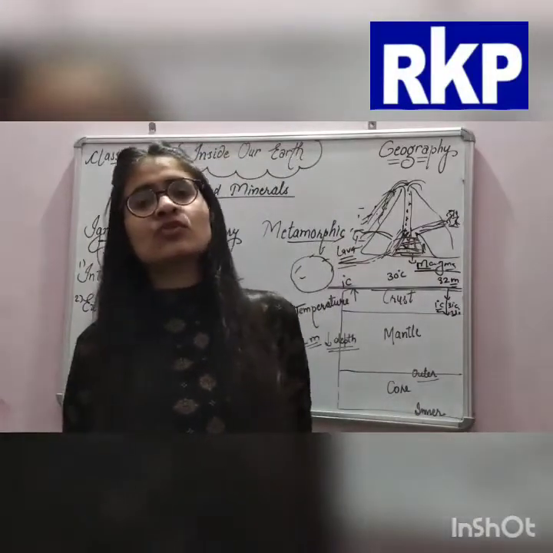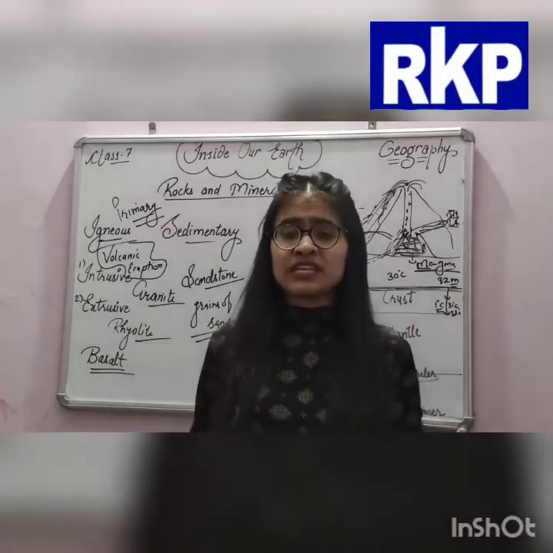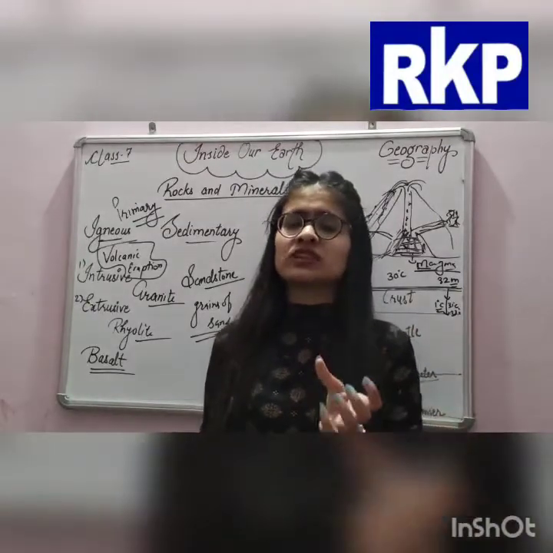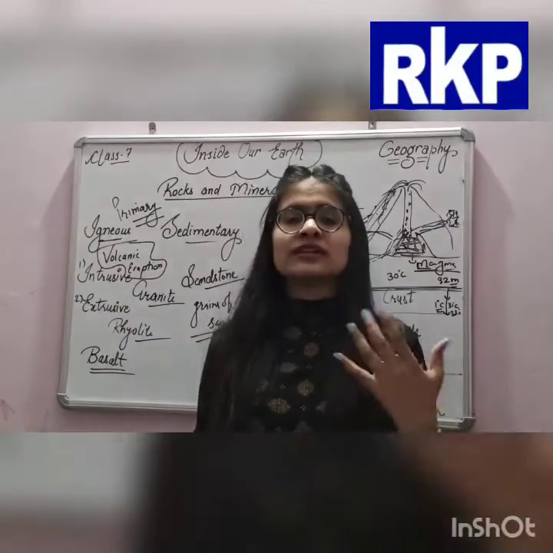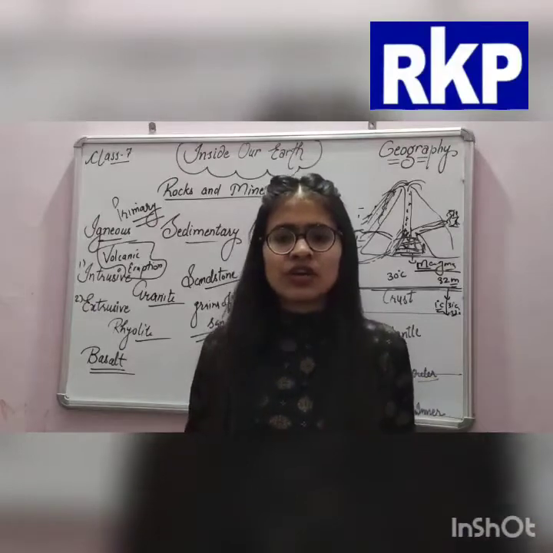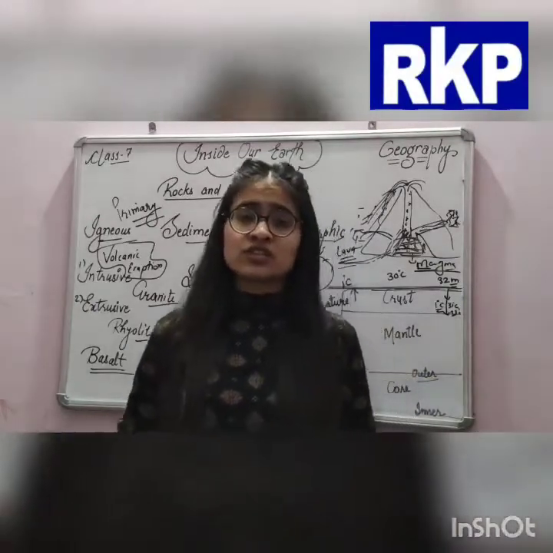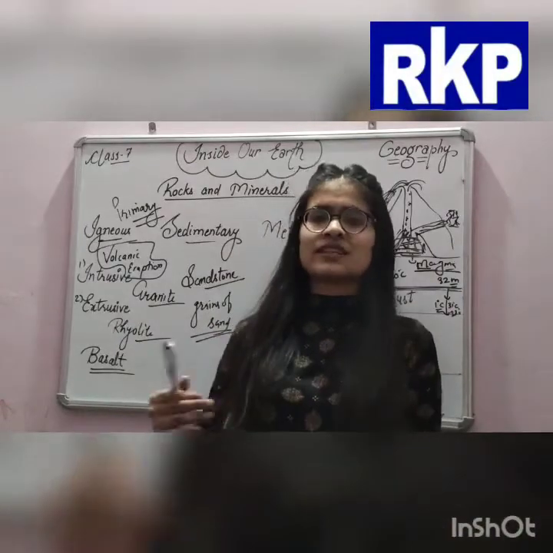What are microorganisms? Microorganism means small living beings, petty living beings, like insects or anything, that used to live on these sedimentary rocks. So these rocks contain fossils, meaning the remains of plants and animals.